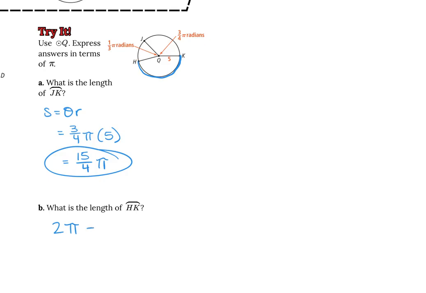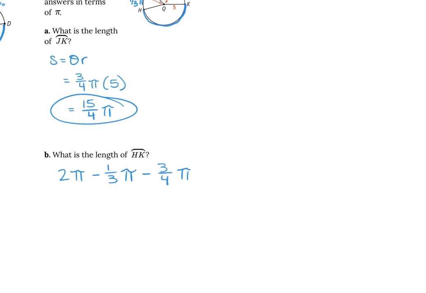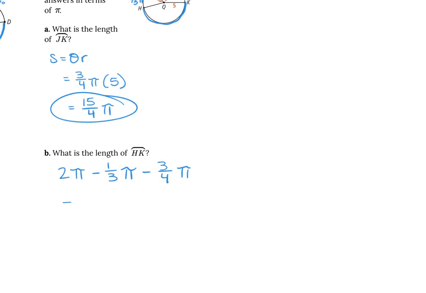So I know that I have a 1/3 pi arc, and I have another 3/4 pi arc. Okay, so this is a 1/3 pi arc, and this would be a 3/4 pi arc. Okay, once I calculate that, I'm going to get 11 over 12 pi.